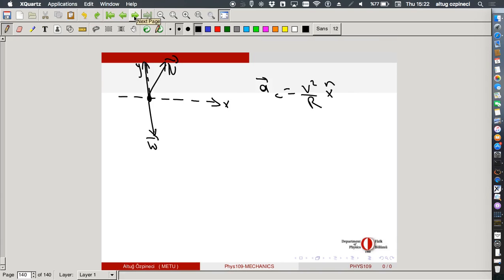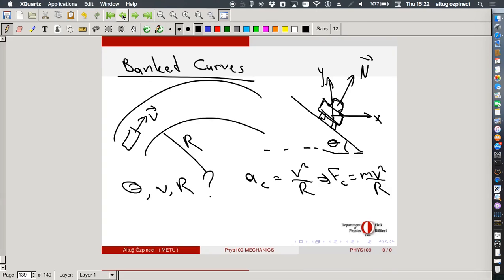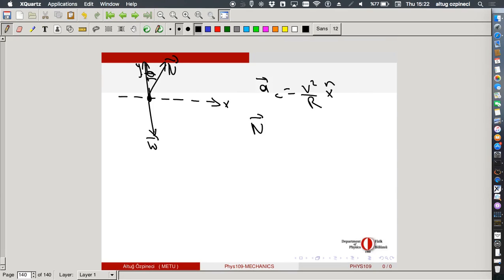And we do the same things. We just identify the components. The normal force, well, let's first identify some of the angles. Now, if this angle over here is theta, this angle will also be theta. So the normal force makes an angle theta with the y-axis. So the normal force vector, in terms of its components, is just n sine theta in the x direction plus n cosine theta in the y direction.